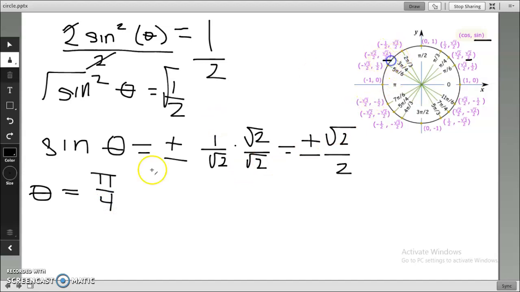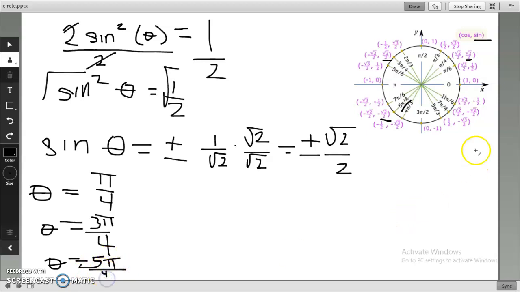Here we have it, which is 3 pi over 4. We also have it here, which is 5 pi over 4. And we have it here, which is 7 pi over 4. So we have it in every quadrant.